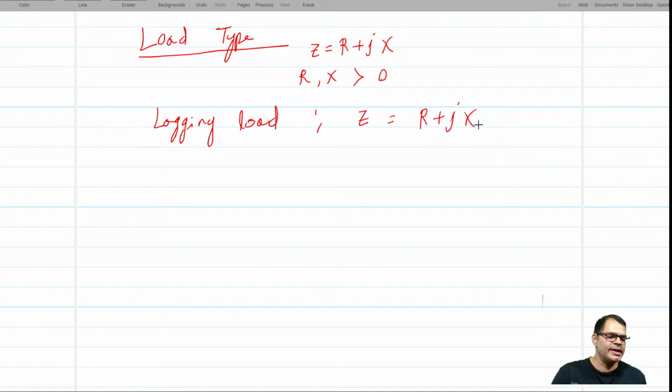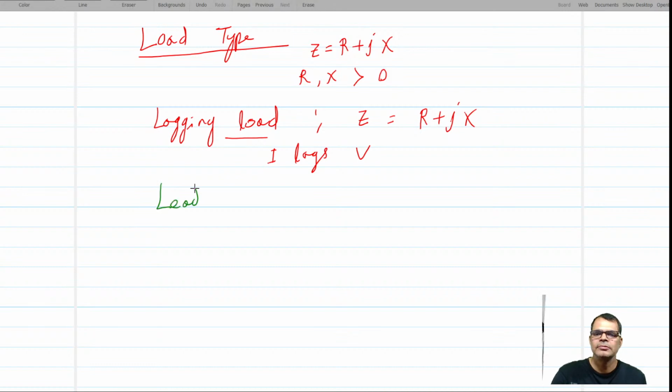If both R and X are positive, this is called the lagging load. That means the effective impedance is inductive, then it is called the lagging load. That means I lags V.